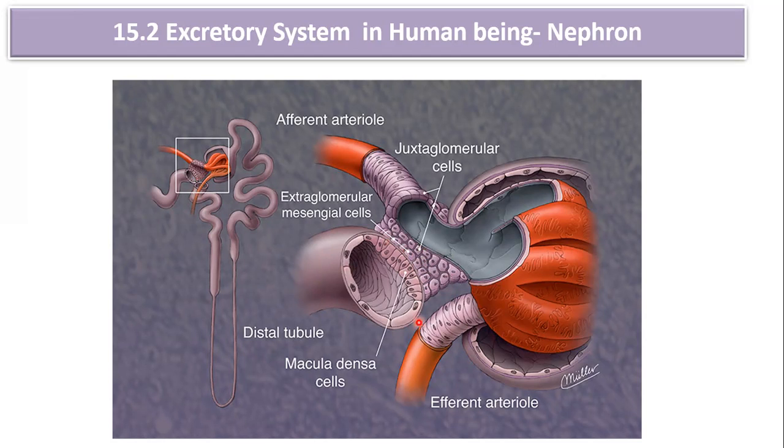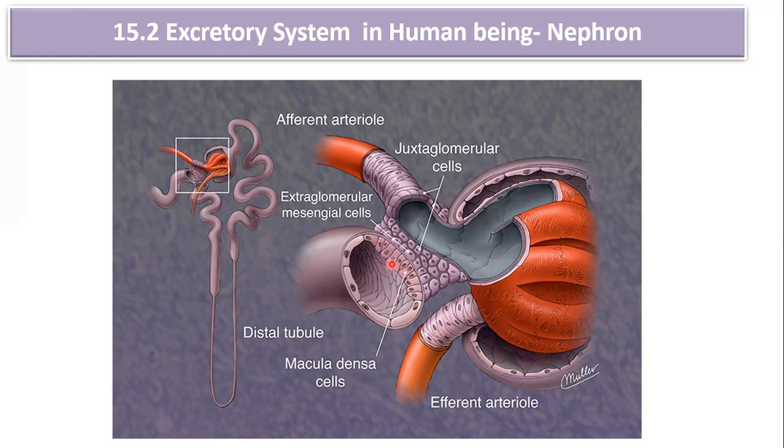The DCT comes in contact with the afferent arteriole of the same nephron, right? And the cells of the DCT are densely packed over here. These densely packed cells are called macula densa.